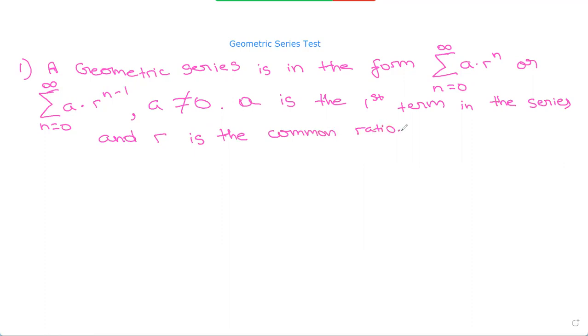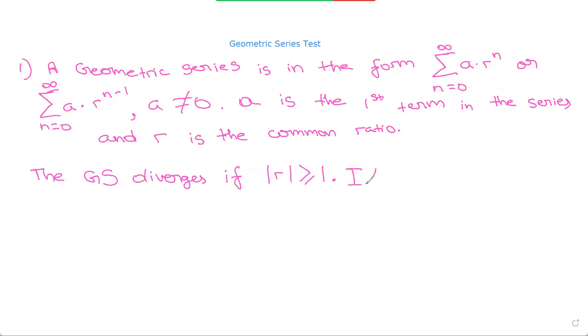And now, using this test enables us to know if a geometric series diverges or converges. So the geometric series, I'm just going to write it as GS, diverges if the modulus of r, so the absolute value of r, is greater than or equal to 1.